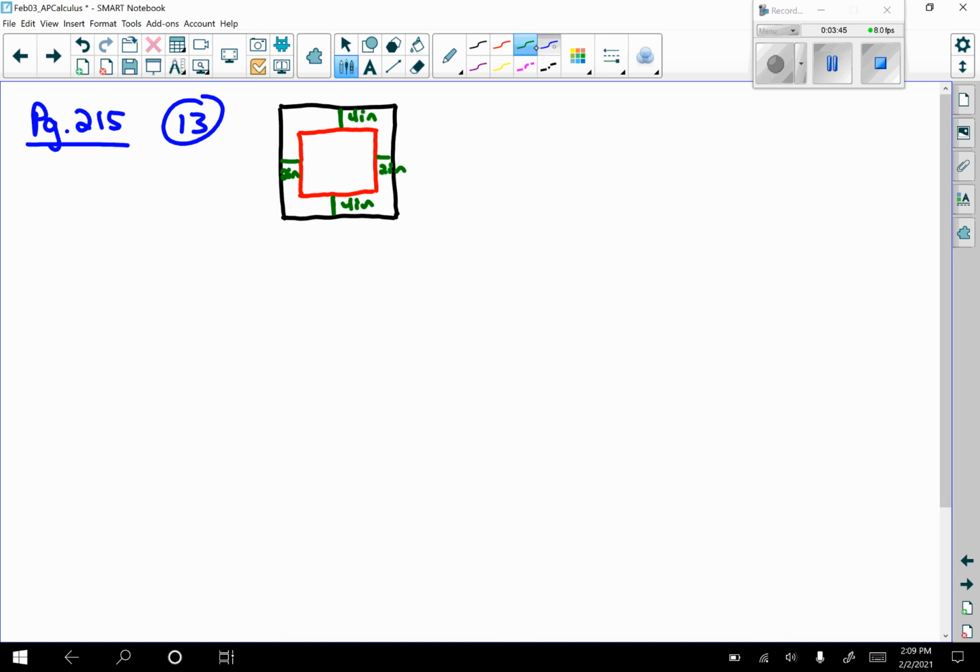So I'm going to call this length right here x, and I'm going to call this length right here y. So the area of the poster is 50 square inches. So excluding the frame here, we're just going to say 50 is going to equal x times y. And we may need that.